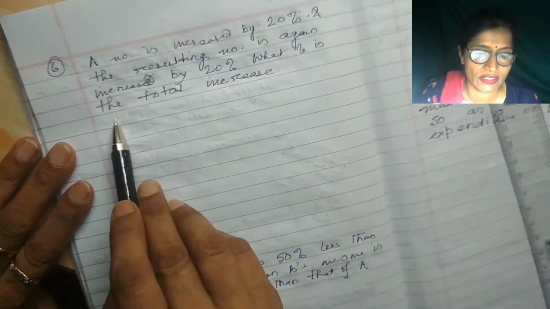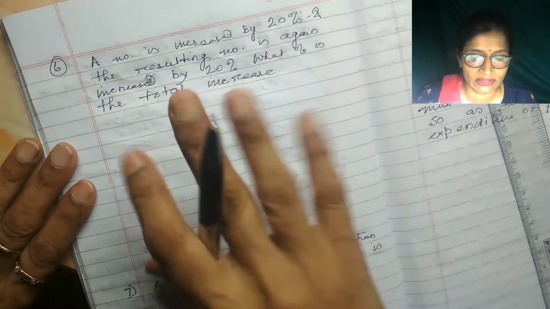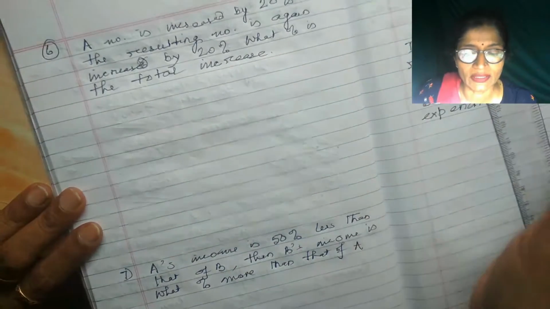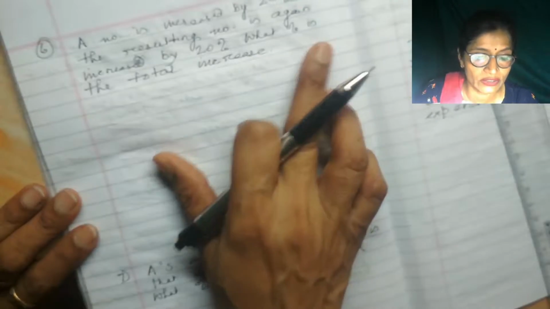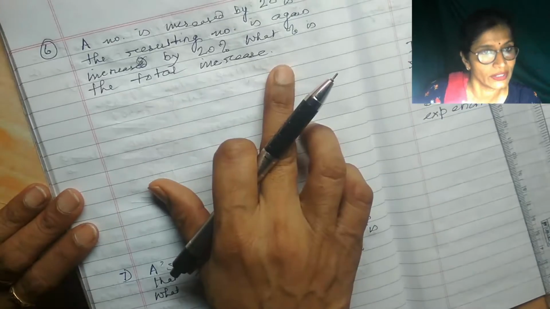What percent is the total increase? Whatever the number was, it was increased by 20%. Again, the resulting number increased by 20%. What is the percentage increase?